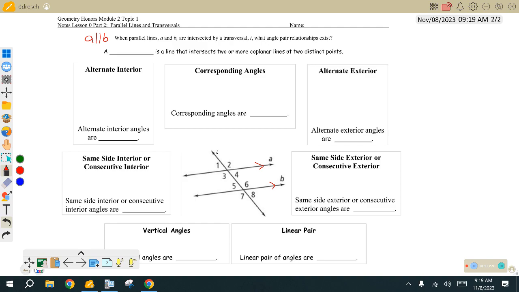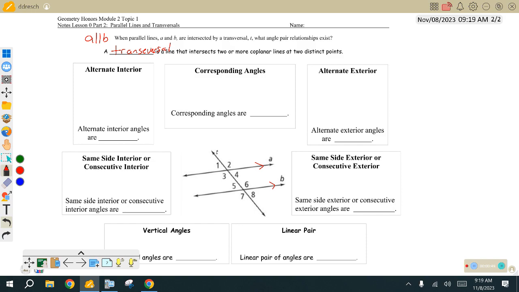Now what do I mean by a transversal? What a transversal is, I can spell it: transversal. Okay, a transversal here is a line that comes in and intersects more than one line.